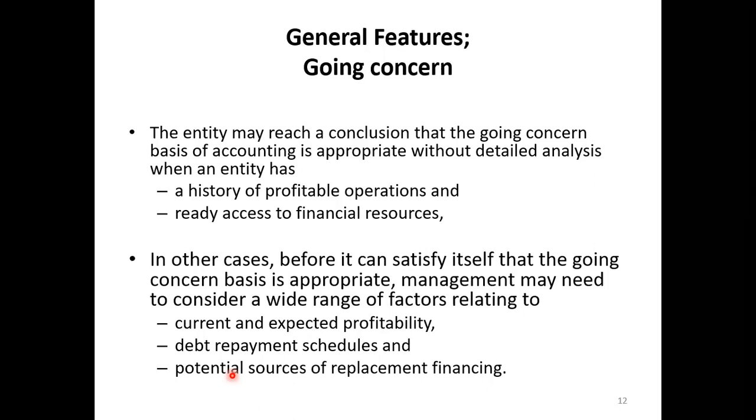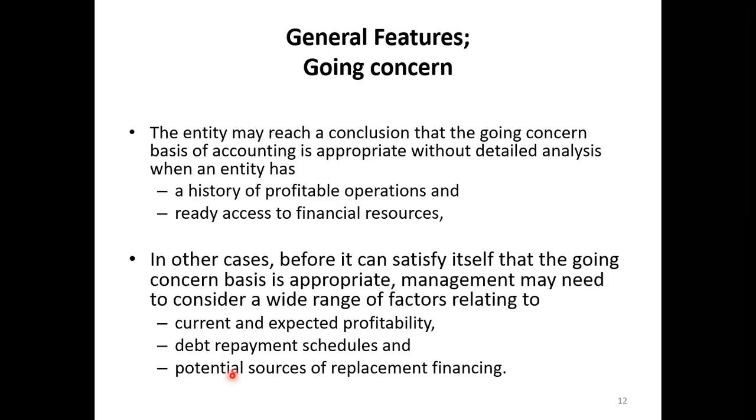The entity may reach a conclusion that the going concern basis of accounting is appropriate without detailed analysis. They don't need a detailed analysis because they have had good profitable operations in recent years and they are able to access financial resources, money. If they want, they can get money, financial resources.